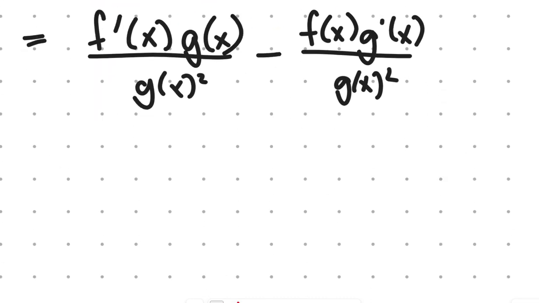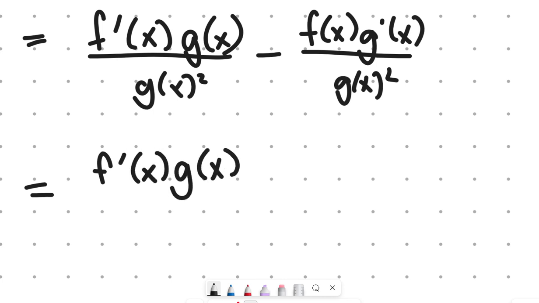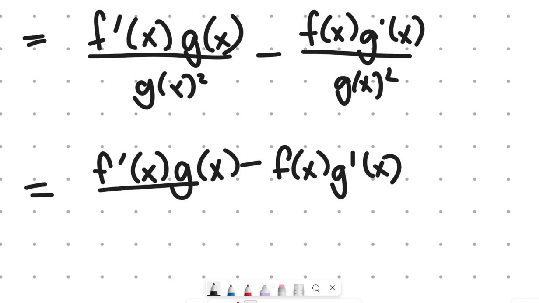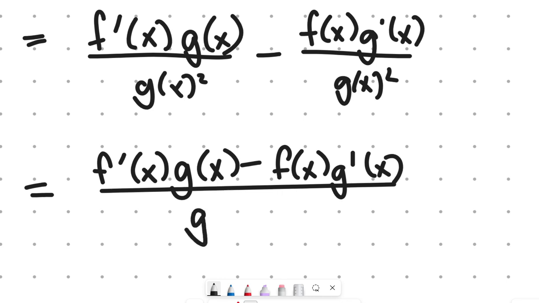Now we can put the numerators together, and this will result in f prime of x times g of x minus f of x times g prime of x, all over g of x squared.